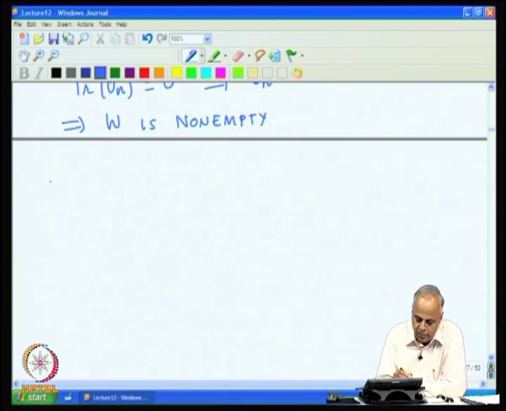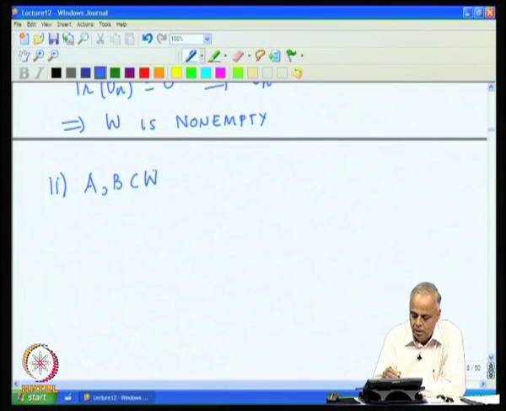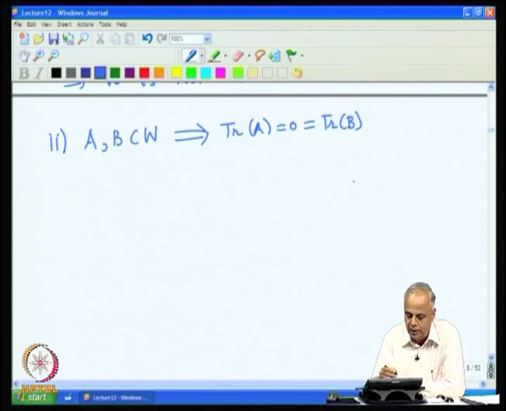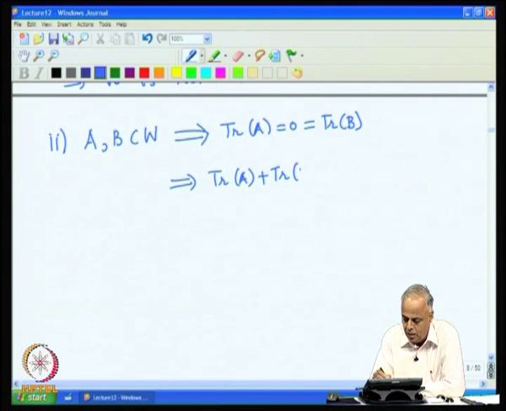The second thing that we have to verify is whether it is closed under addition. If A and B are in W, then the fact that they are in W means the trace of A is 0 and the trace of B is also 0. If the trace of A and trace of B are 0, their sum, trace of A plus trace of B, will also be 0.